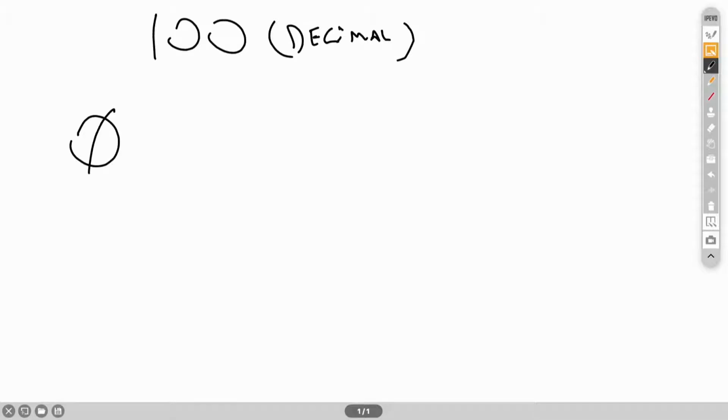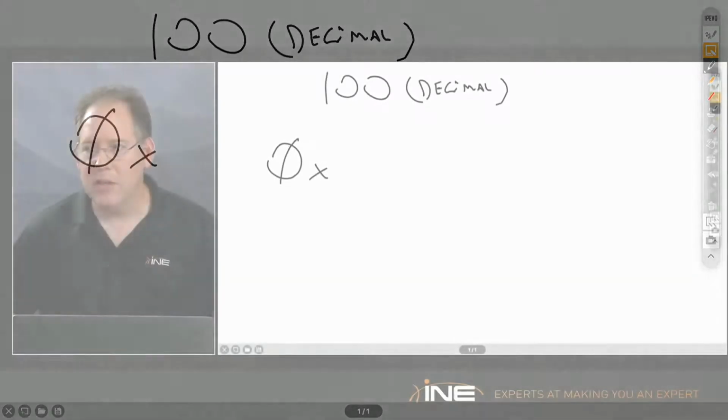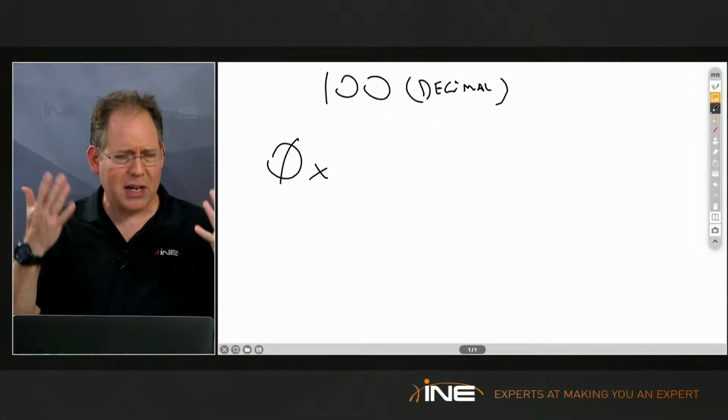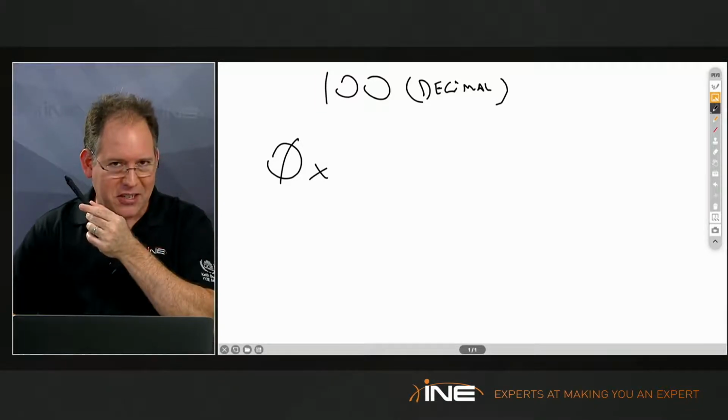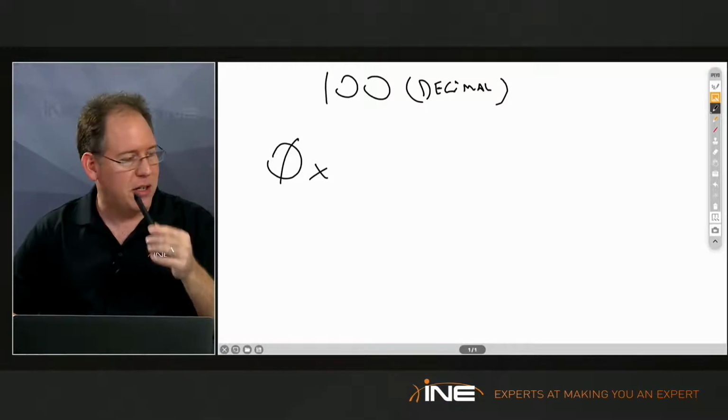Let's do 2 more. How about the number 100 in decimal? What is that in hexadecimal? Pause the video and press play when you think you have the solution. Okay, so let's figure this one out. This is a little bit tougher, so I have to count this on my fingers. I know it's not going to be 3 digits because we're not up into the 256s, so it's going to be only a 2-digit number.